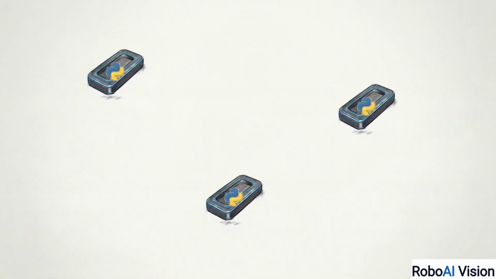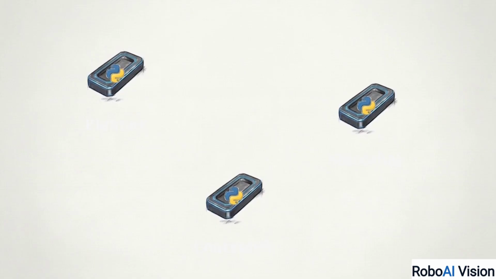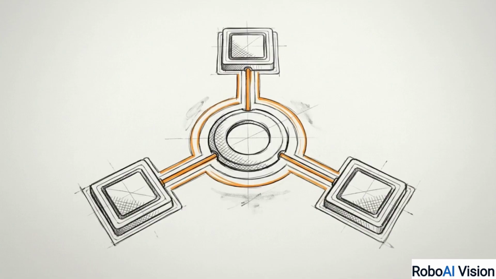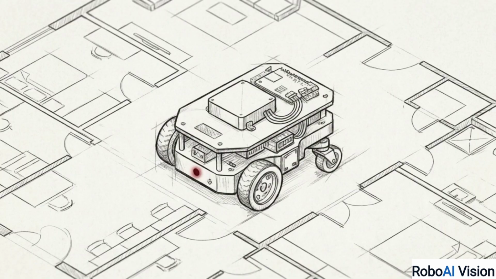Because the planner, smoother, and controller are completely isolated ROS2 nodes, they have to be orchestrated to run concurrently. We use a specific ROS2 Python launch file, custom nav.launch.py, to spin up the entire architecture simultaneously with a single terminal command. Once launched, the nodes do not move the robot.